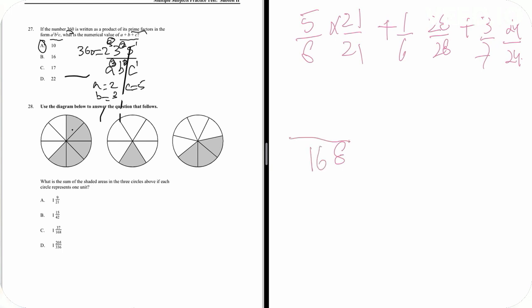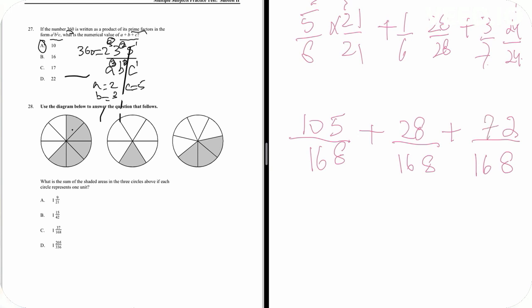Then in the numerator we multiply 5 times 21: 5 times 1 is 5, 5 times 2 is 10, so 105. Then for 1 over 6, the denominator 6 times 28 is again 168, and in the numerator 28 times 1 is 28. For 3 upon 7, the denominator 7 times 24 is 168, and in the numerator 3 times 24 is 72.